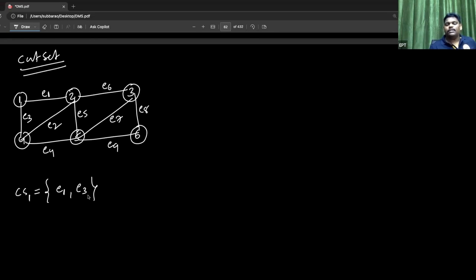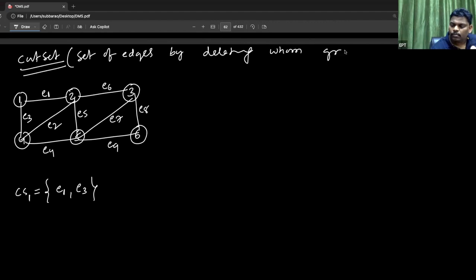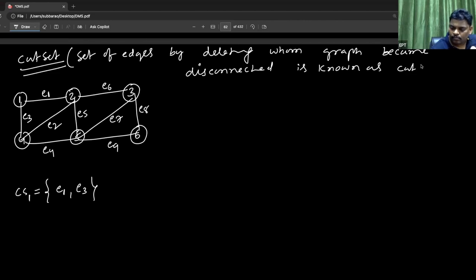Remember, this is called a cut set. Cut set means set of edges. If anywhere you see cut set, remember it is a set of edges. Cut set is a set of edges by deleting whom the graph becomes disconnected. Right?